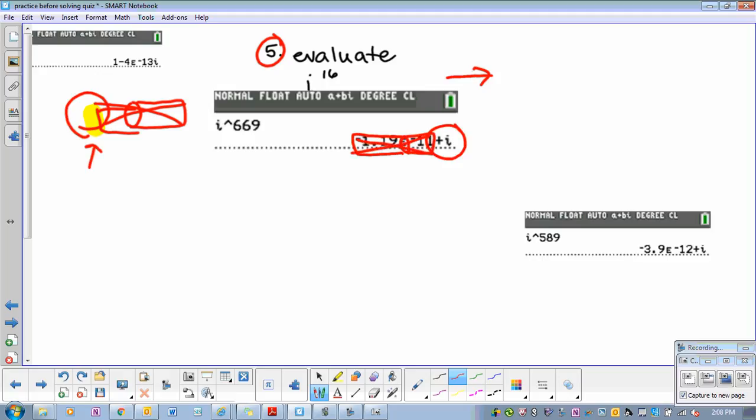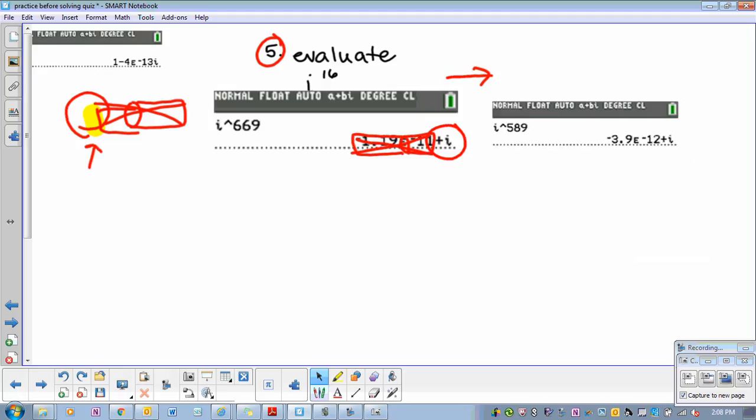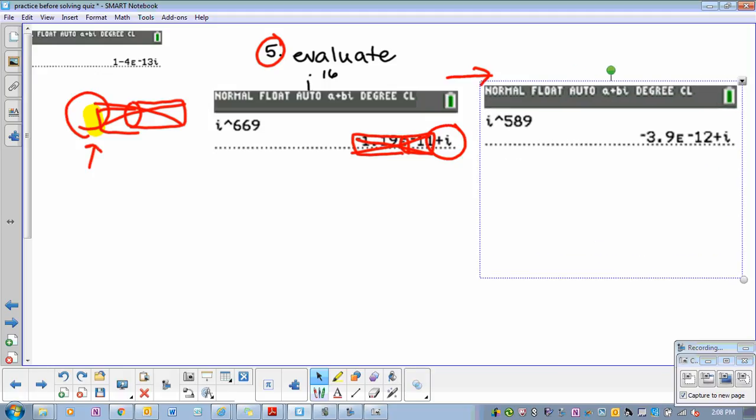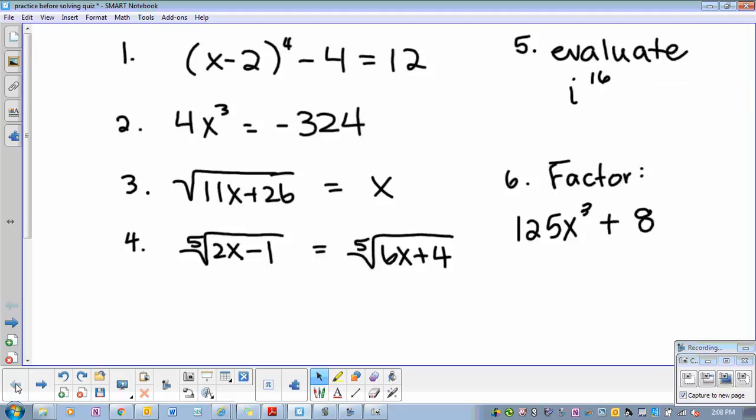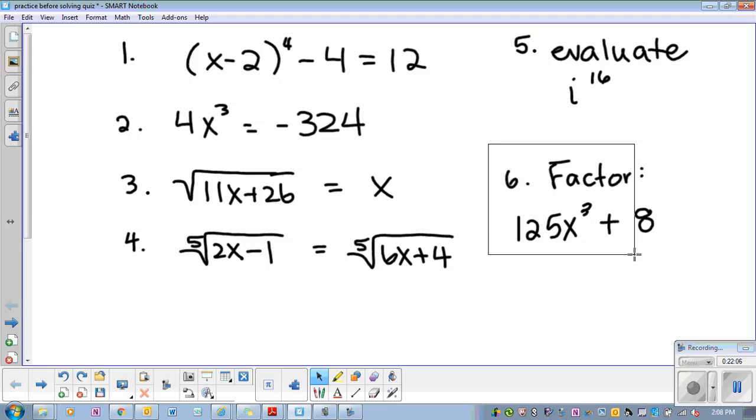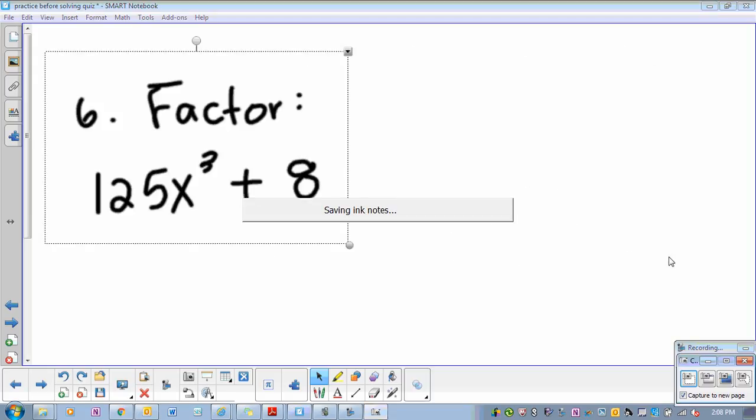So try this one. i to the 589th power. Is i? Yeah, because here's E, here's what's right next to E, and there, i. Good. Perfect. All right. So if you don't remember the i part, you can do this. But if you don't remember this, not good. Try to remember that.